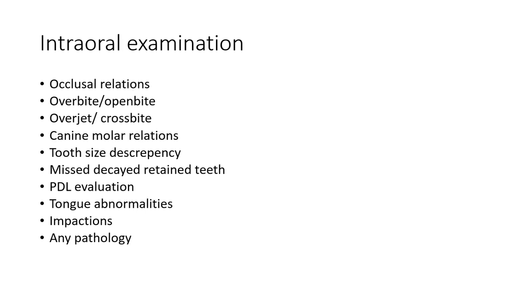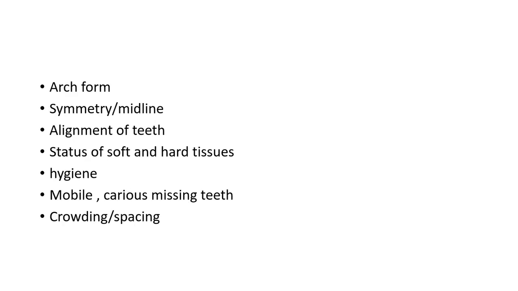Then you should go for the intraoral examination. In the intraoral examination you should see the occlusal relationship of the incisors, canine and molars, and the overbite, overjet and crossbite, and you should look for any tooth size discrepancy, any missing, decayed or retained teeth, periodontal evaluation, any tongue abnormalities, any impactions, any pathology, and assess the arch form, occlusal cant, symmetry, midline, alignment of the teeth, and also oral hygiene.